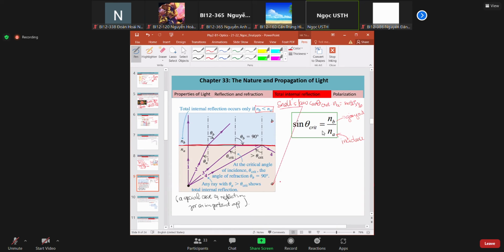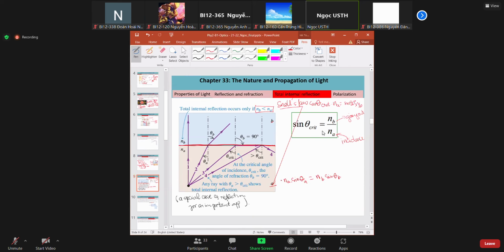Here is a medium A, so why did it happen like this? You have the NA of this medium multiplied by the sine theta A, equal to NB here multiplied by sine theta B, right?